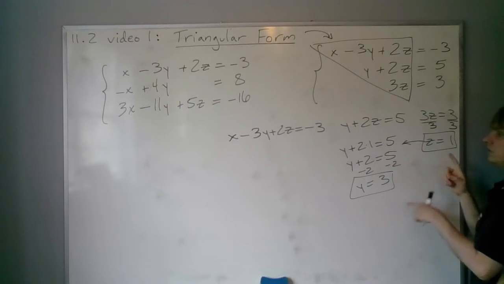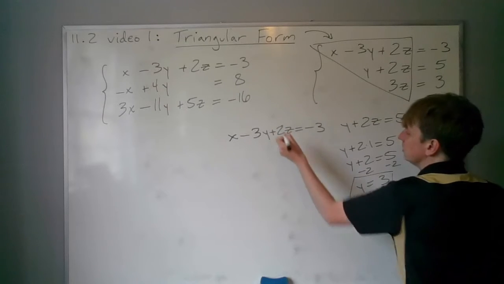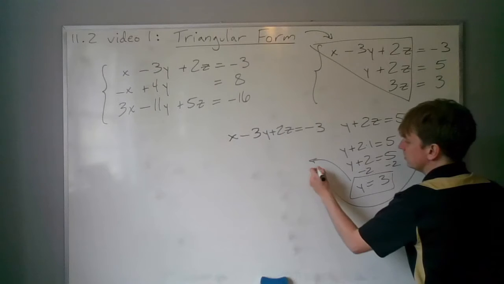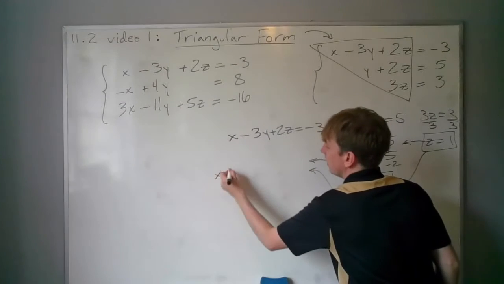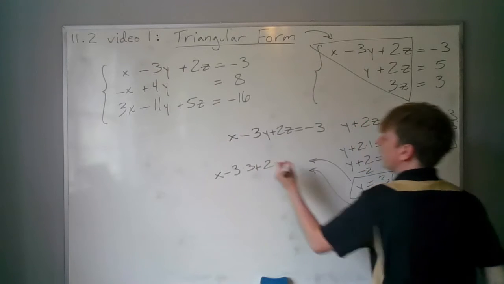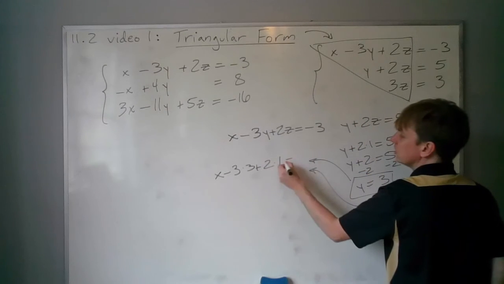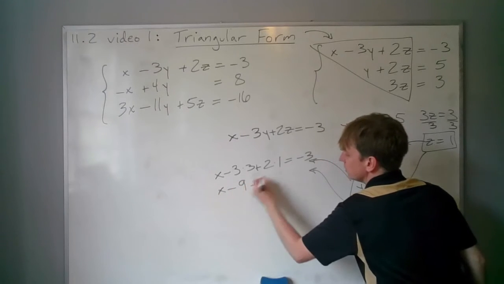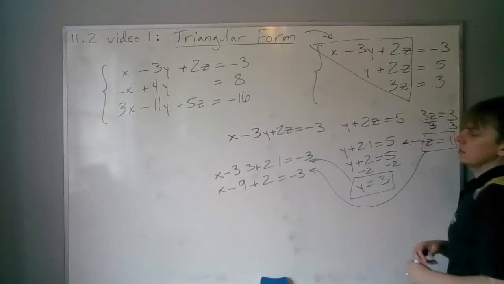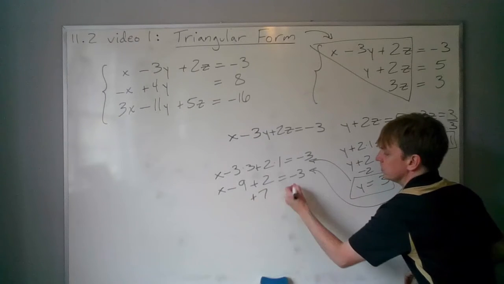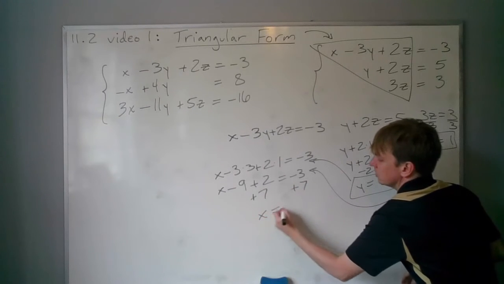Take both of these answers and plug them into the other equation. And we get x minus 3 times 3 plus 2 times 1 is negative 3. X minus 9 plus 2 is negative 3. That's a negative 7. So if I add 7 to both sides, we get x is equal to 4.